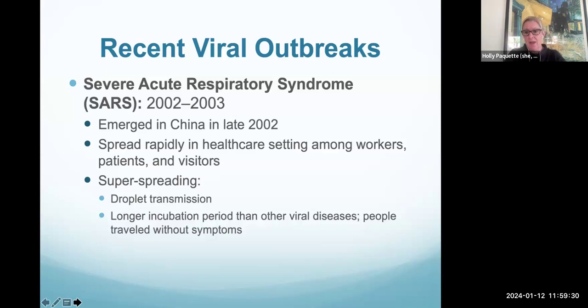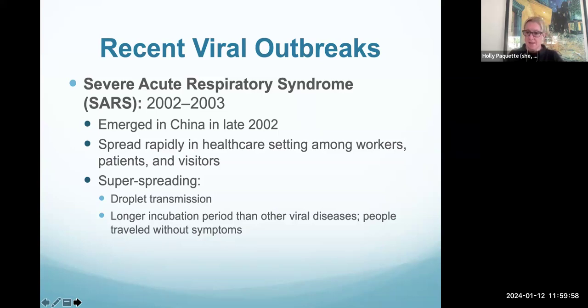We did have a SARS virus, which was a coronavirus, before what we're going through now. So this one is the original SARS. SARS between 2002 and 2003 just stands for severe acute respiratory syndrome. And this emerged in China in the early 2000s. And what we saw is that it spread very rapidly in healthcare settings among the workers, patients, and visitors.